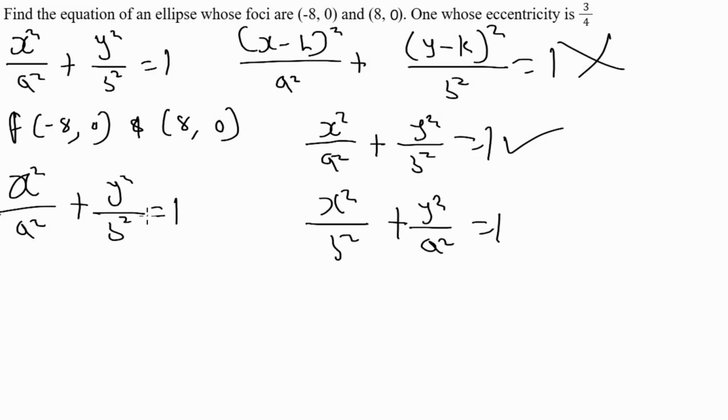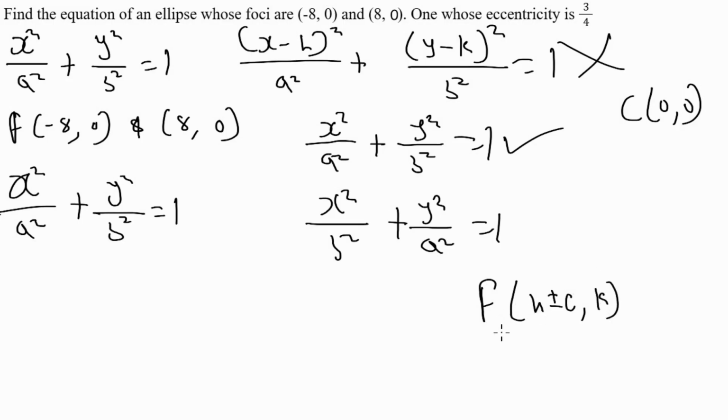We have c already, and we have the eccentricity. Because remember, c is with respect to the foci. And since the center is at the origin, the center is (0, 0). Remember the foci, since it is horizontal, will be (h plus or minus c, k).